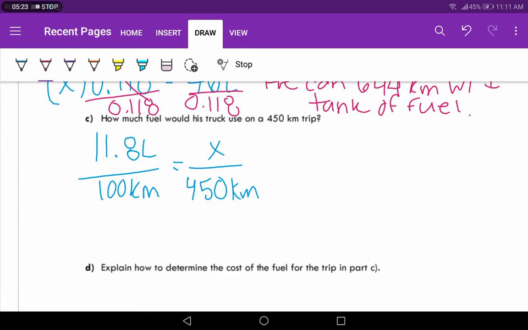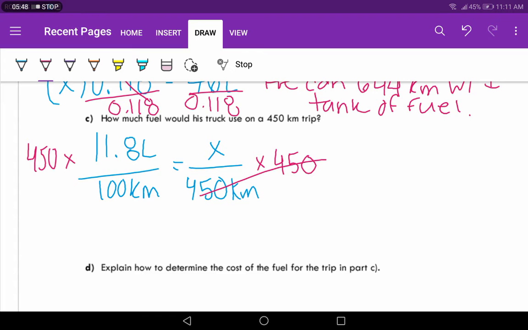X just happens to be in a different spot this time, which actually makes it easier for us, right? So all we have to do is get rid of this 450. Because we're dividing by 450, all we have to do is the opposite. So the opposite of dividing is multiplying. When we multiply x over 450 by 450, those will cancel. What we do to one side, we have to do to the other.